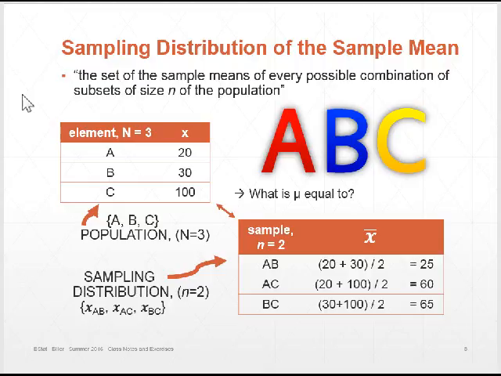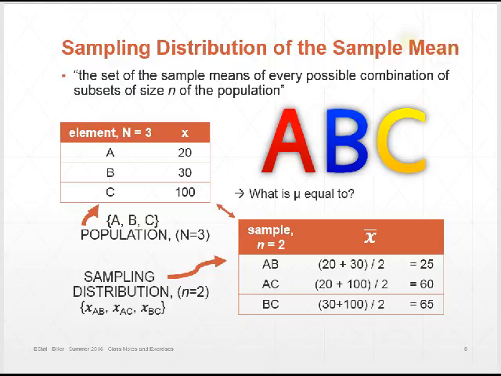Alright, let's see if we can figure out what exactly we mean by the sampling distribution. Notice that the full name here is sampling distribution of the sample mean. So always when we talk about sampling distributions, it will be of one characteristic from that sample.